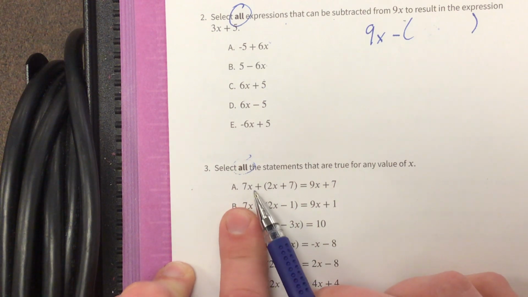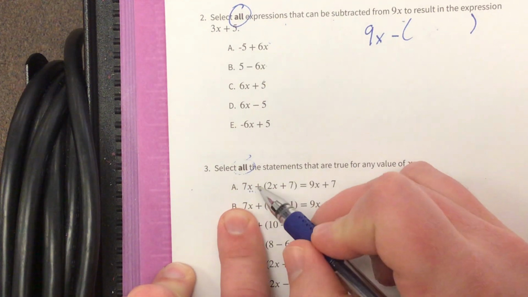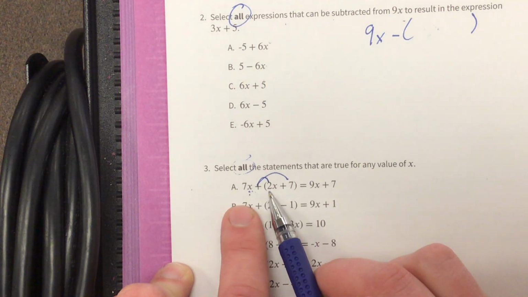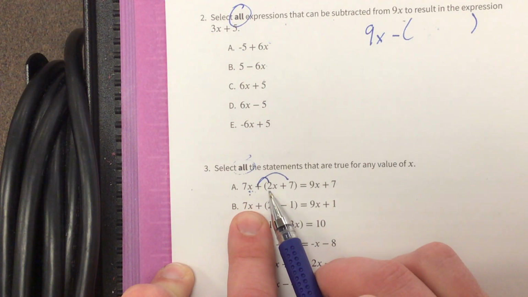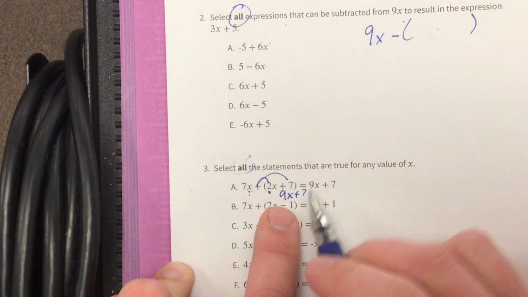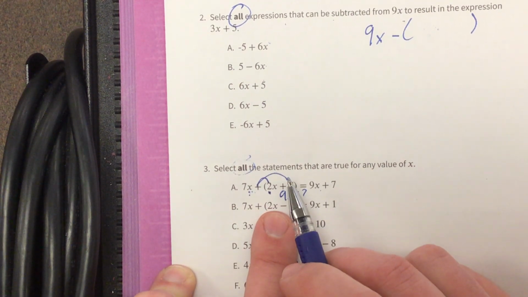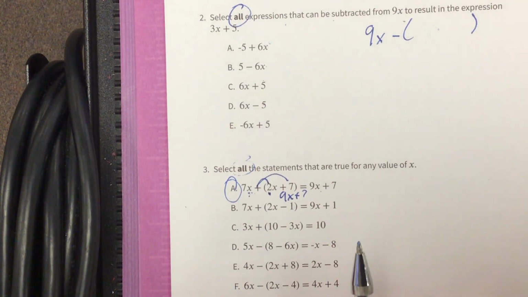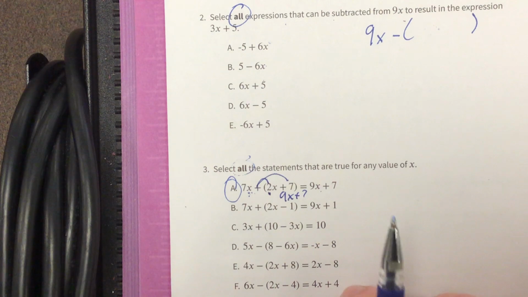So if we just combine our like terms, right? Here we can distribute the positive again, and then we can simplify. What's 7x plus 2x? 9x. We can't do anything with that 7, so is 9x plus 7 equal to 9x plus 7? Yep, so that would be one of them. So go through there and combine your like terms and simplify those and see if you get the same thing on both sides of the equal sign.